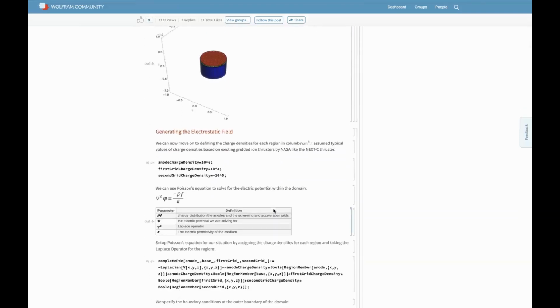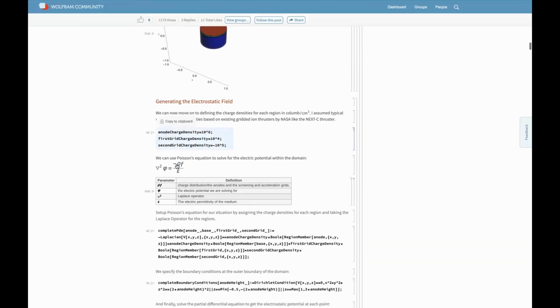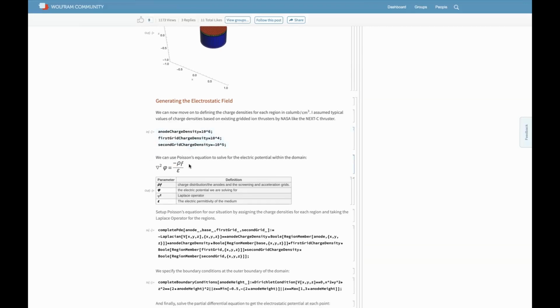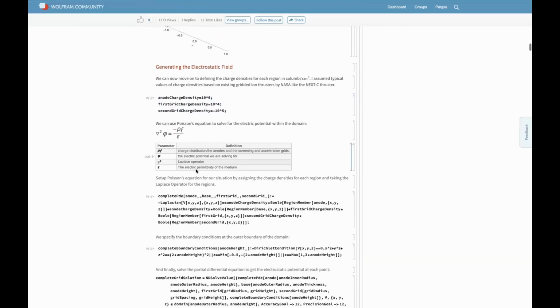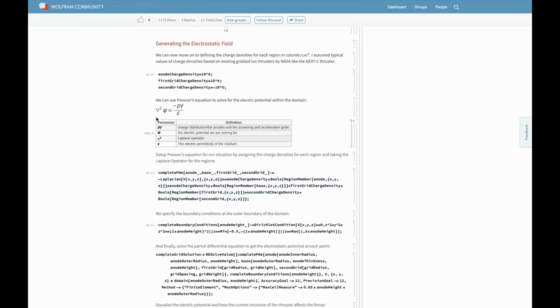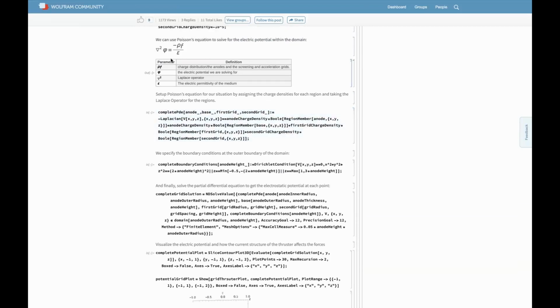And so what I did was I found the typical charge densities for these gridded ion thrusters here, and I used Poisson's equation to solve for the electric potential within the entire domain. As you can see here, you take the Laplacian of the electric potential, and yeah, that's just the equation.